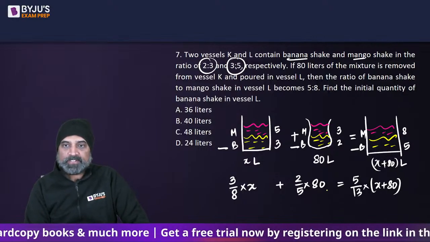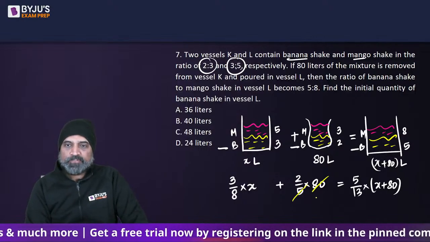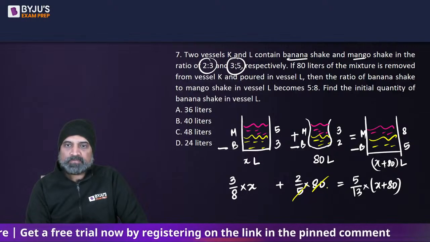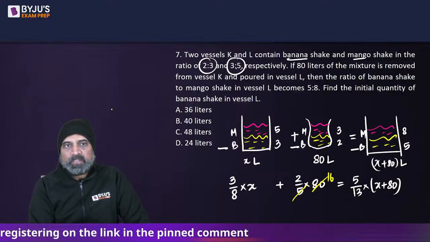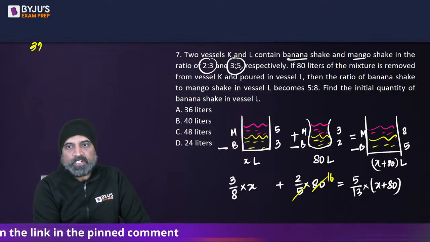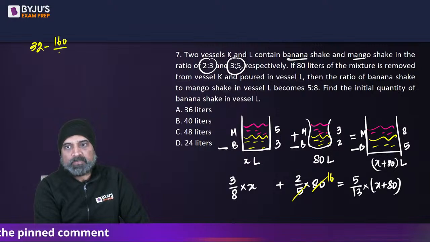Okay. So this one is straightforward going to be 32. So we will have 32 minus 160 by 13.